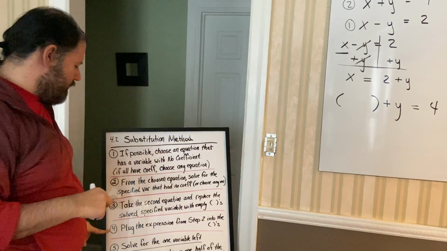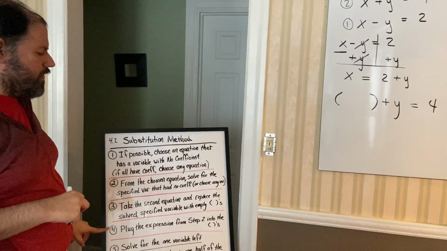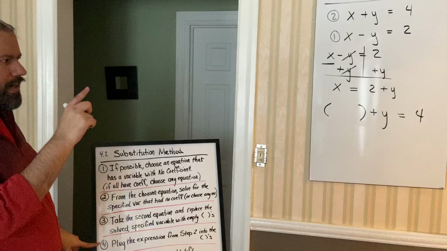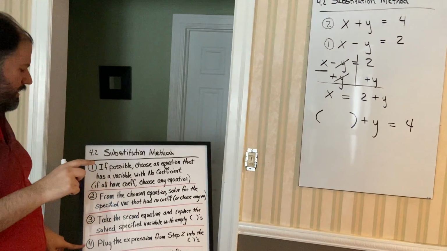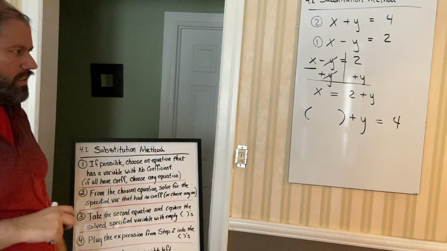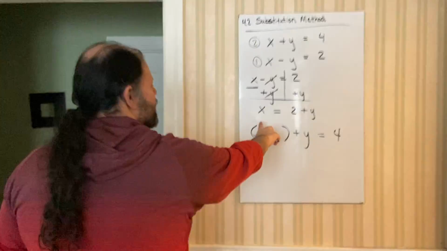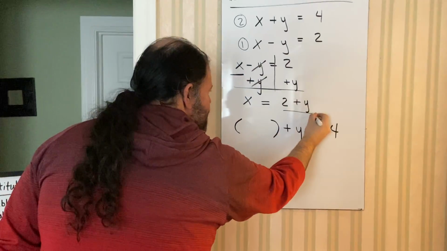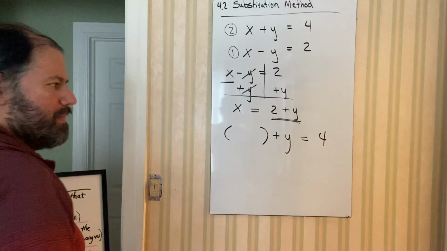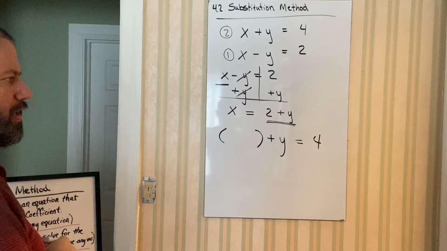We know the next step says plug the expression from step 2. Remember, x equals 2 plus y. Plug in the expression into those parentheses. So I'm not plugging in this whole equation, just this side. Remember, half of it's called an expression.